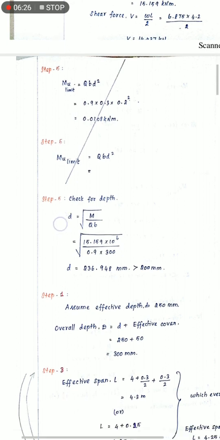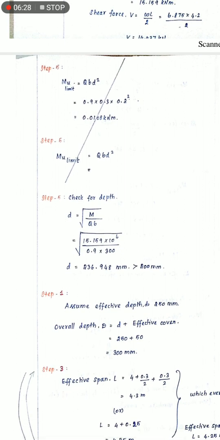This is the most important point I have to remind you. Required depth should be less than the provided value, but here it is inversely proportionate. Therefore the section properties have to be redesigned.